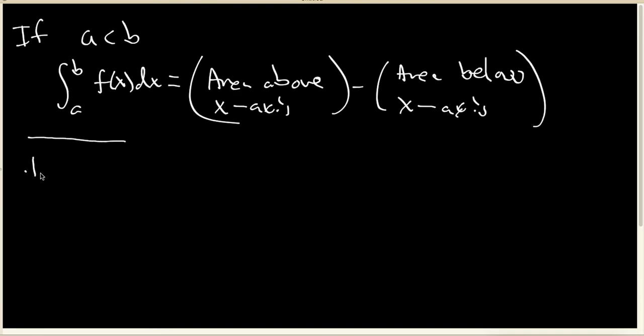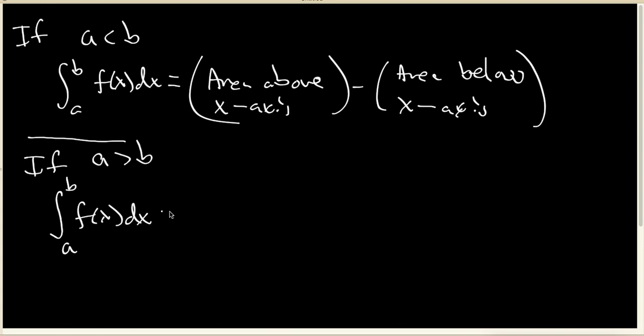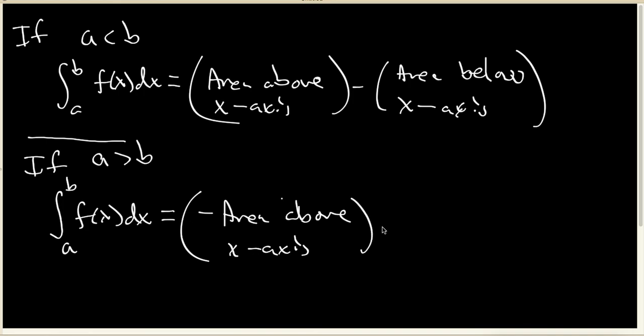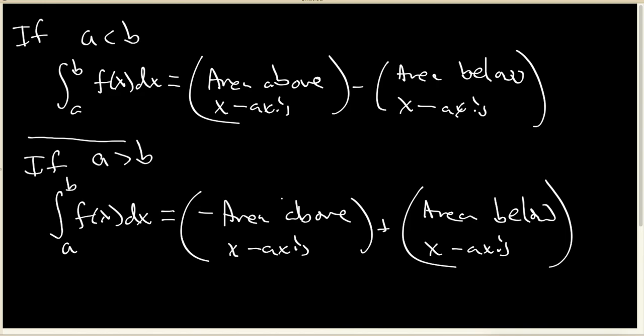But if we integrate in the wrong direction, we want to have a bigger than b, then the integral between a and b of f of x dx has a negative width, and this will wind up being minus the area above the x-axis, add back the area below the x-axis. And in the next video, we'll look at a specific example.